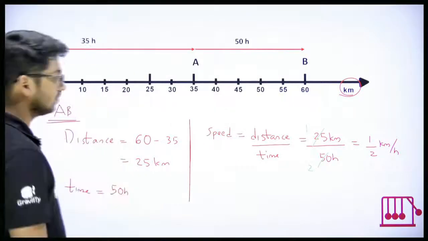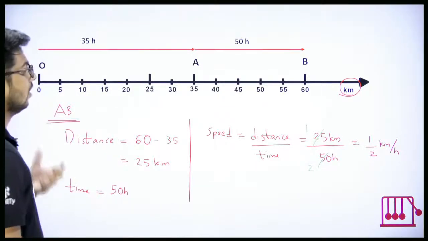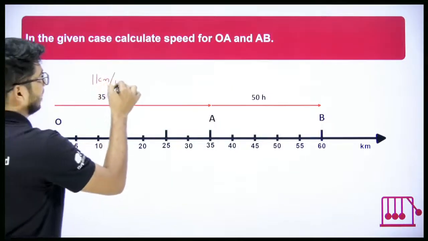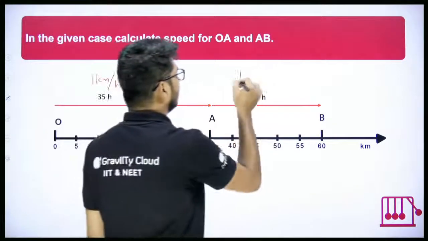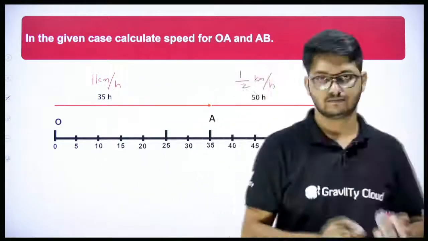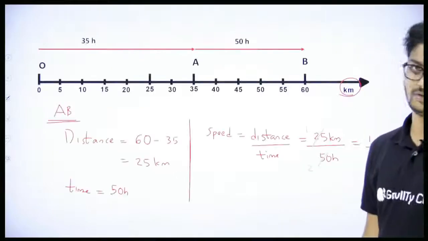Clear? Understood? Good. So for OA we got the speed as 1 kilometer per hour, and for AB we got the speed as half kilometer per hour. Clear? No issues there? That's good.